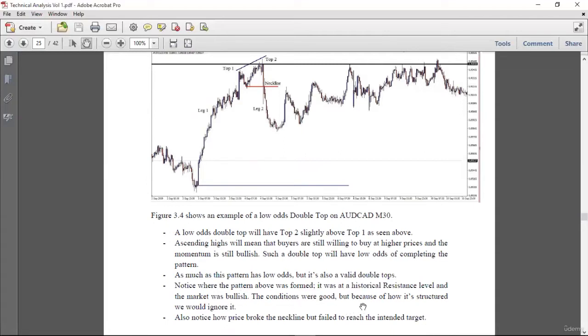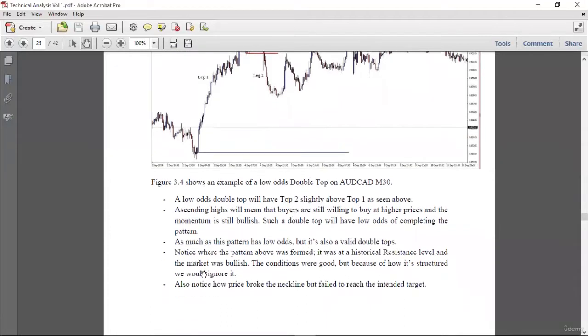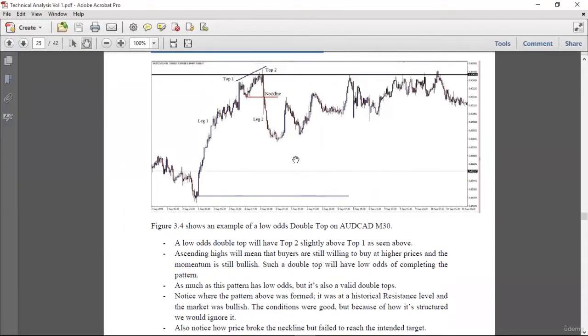Conditions were good, but because of how it's structured, we'll ignore it. So it has almost everything that you need, but because of how these two highs are structured, we cannot consider that a tradable zone. Also notice how price broke the neckline but failed to reach the intended targets. As I was saying, it didn't reach our target.